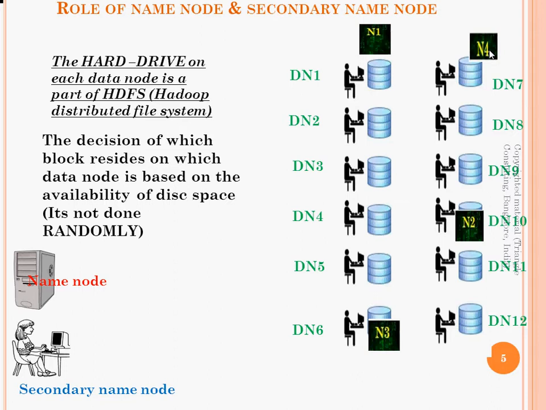So you don't have to worry too much about the algorithm, or what goes into deciding which block goes to which particular data node. For the time being, you can just understand that there is a file system manager, the HDFS manager, which takes care of deciding which file block resides on which data node. It's not done randomly. Remember, it's not done randomly at all.